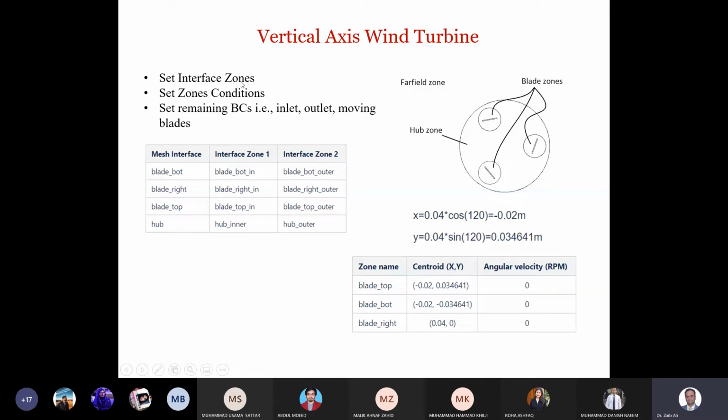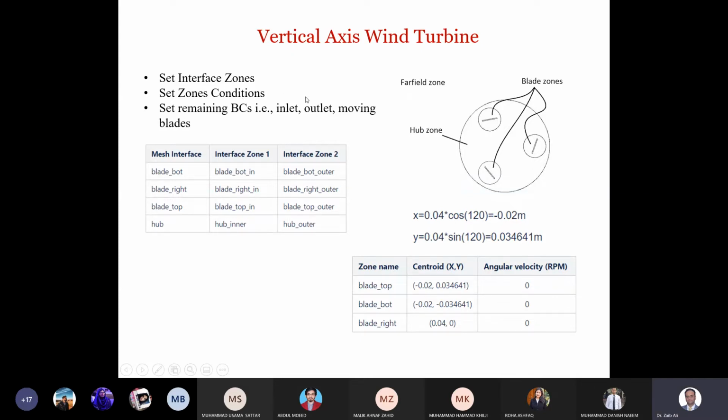So you need to create interface zones if you have local moving meshes or local revolving parts. So that will be the first step, set interface zones.